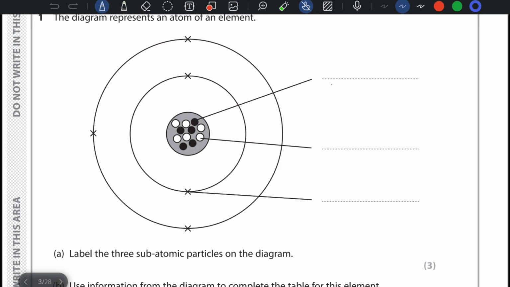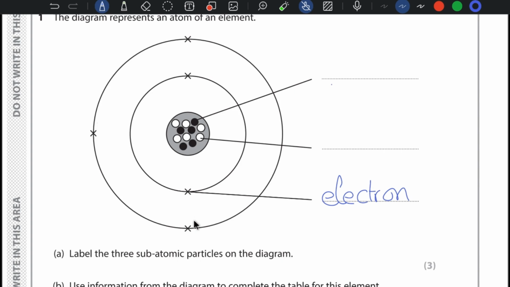I'm sure that you know that this subatomic particle is considered an electron, so we can write here electron. And also I'm sure that you know inside the nucleus we find protons and neutrons. Which one is proton? Which one is neutron? Let's see. We have 1, 2, 3, 4, 5 electrons.